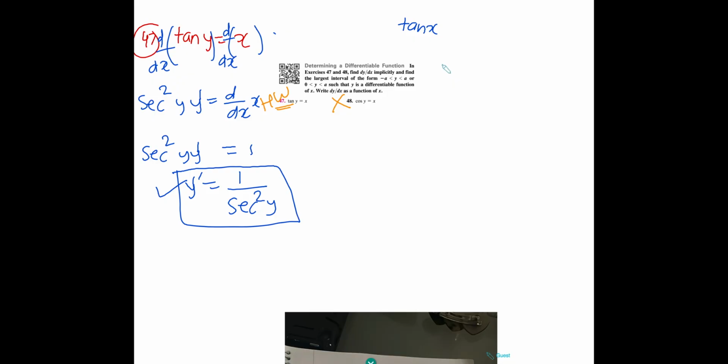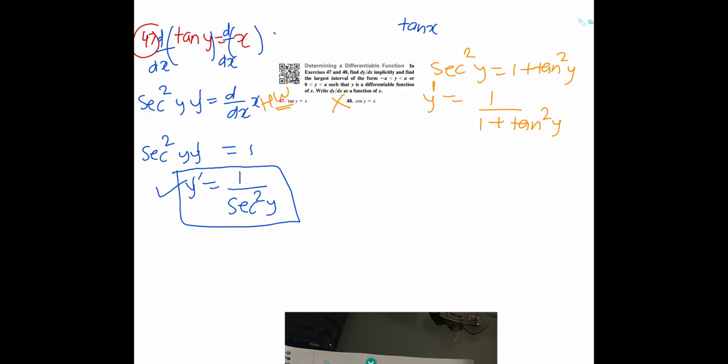Now we have to rewrite the results using the trigonometric identities. So we can write secant squared y equals 1 plus tan squared y. What we did is rewriting the results using a trigonometric identity. So we can write y prime equals 1 over 1 plus tan squared y, right?